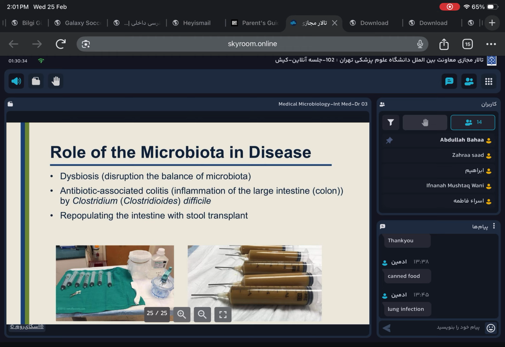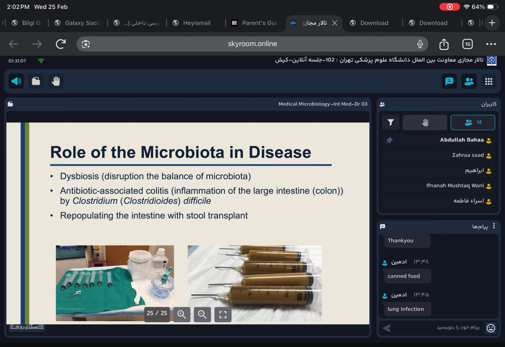You just prepare the stool. It's a very simple procedure, and you inject the prepared stool through the anus into the intestine of your patient. So we expect that the microorganisms in the stool just start to grow inside the intestine of your patient, and it helps the microbiota of your own patient to get its balance back.